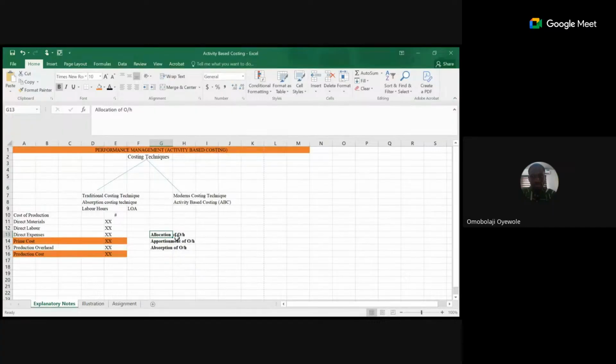So let's assume we have 5 departments within the organization. It means we have to share the rent incurred for the organization as a whole. We have to apportion the part that belongs to each department. That's apportionment of overhead.